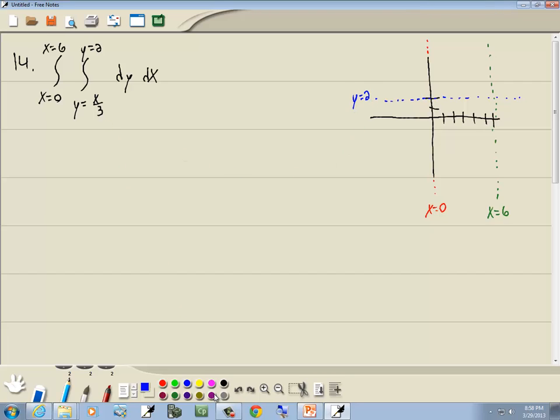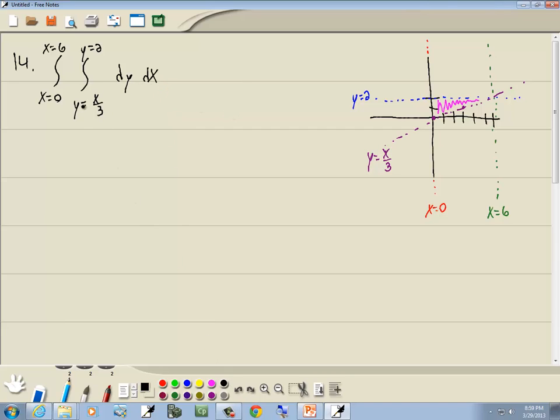And then y is equal to x over 3 will be that right there. Okay, so the region we're working with is this right here. That's what's bounded by those. And we'll write it the other way in a second.